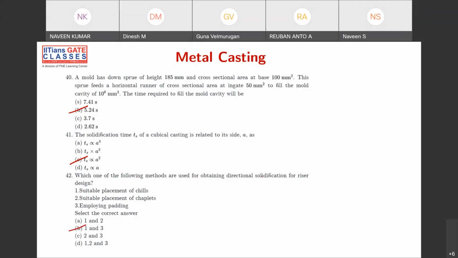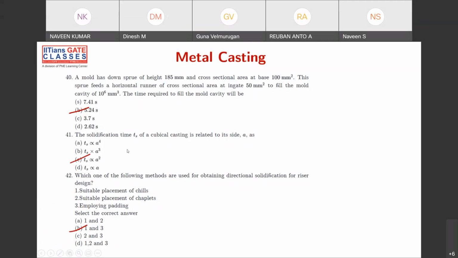Which one of the following methods are for obtaining directional solidification? Chills, obviously we have used it. Paddings, we have used it. In the last session, just before starting this question and answer session, we have solved this question, right? We have discussed this concept. Answer is 1 and 3.